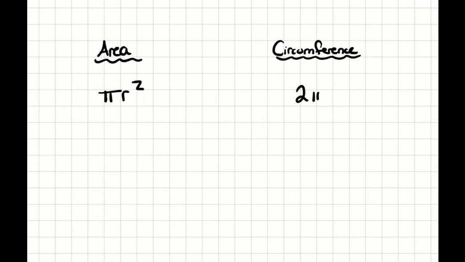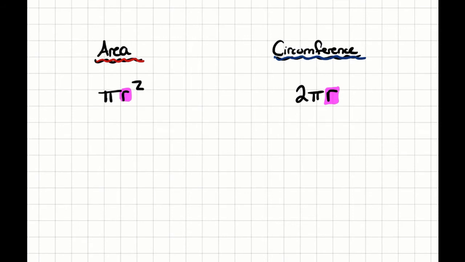Circumference is going to be 2 pi r. Now, notice that in each of these formulas, the only thing that you need to know is the radius. That's it.